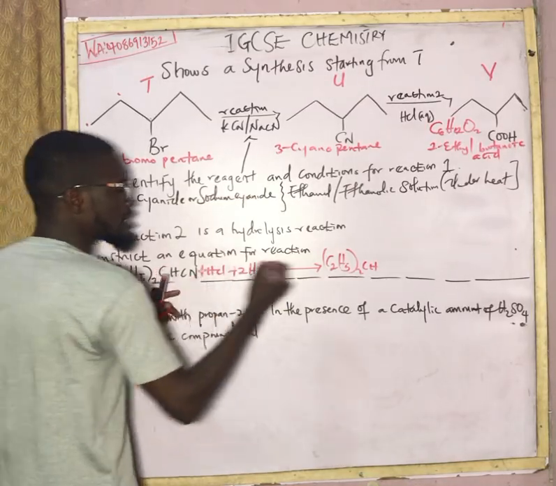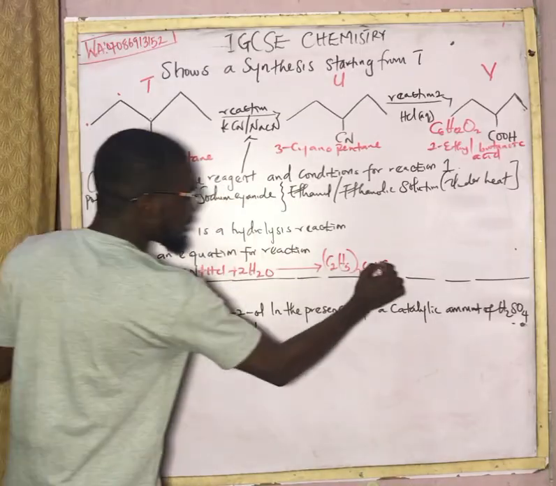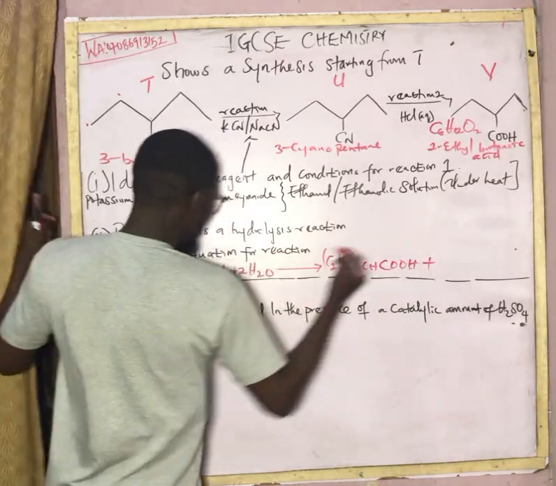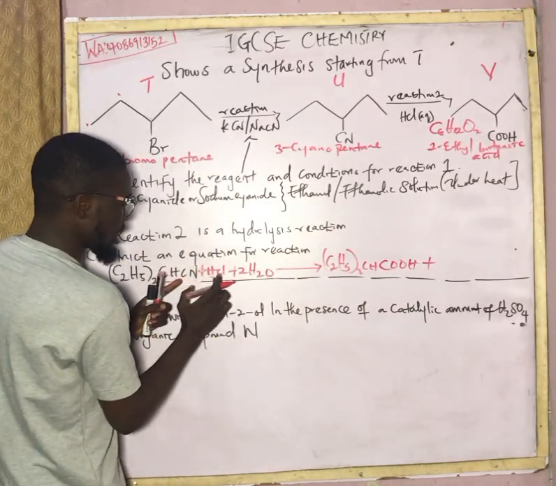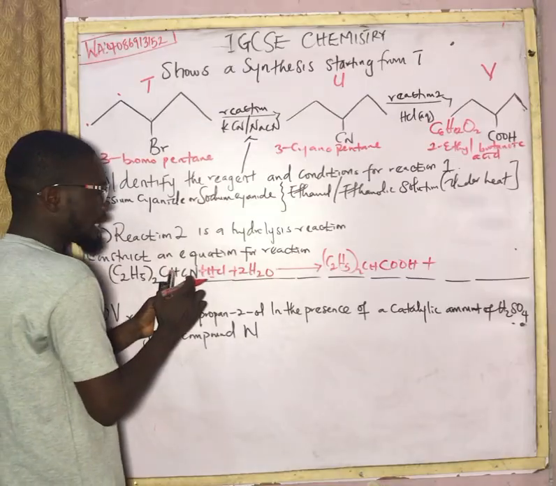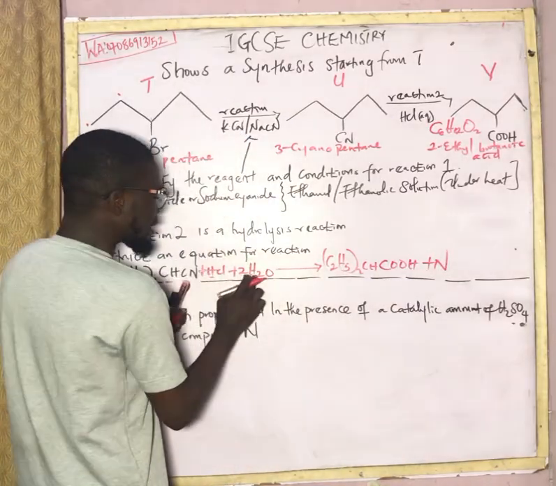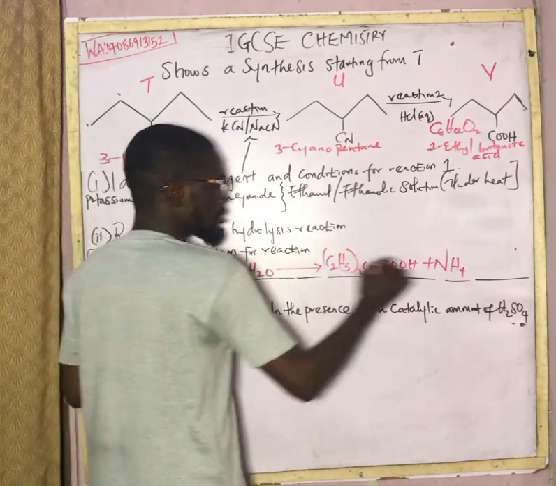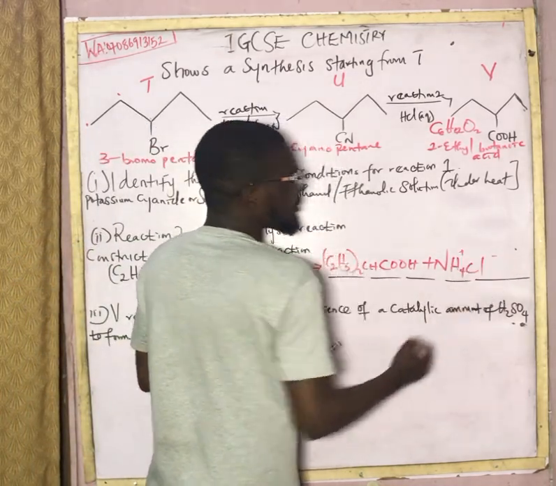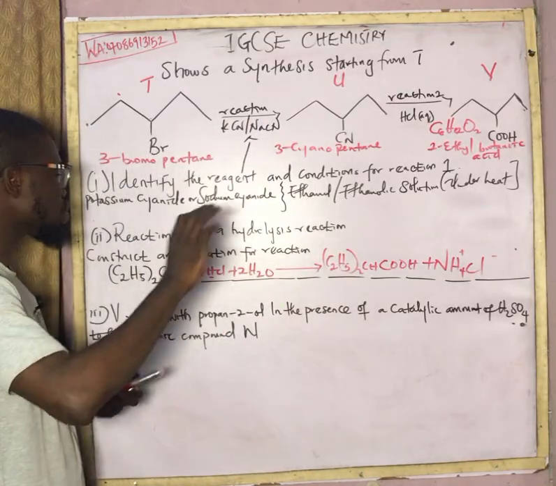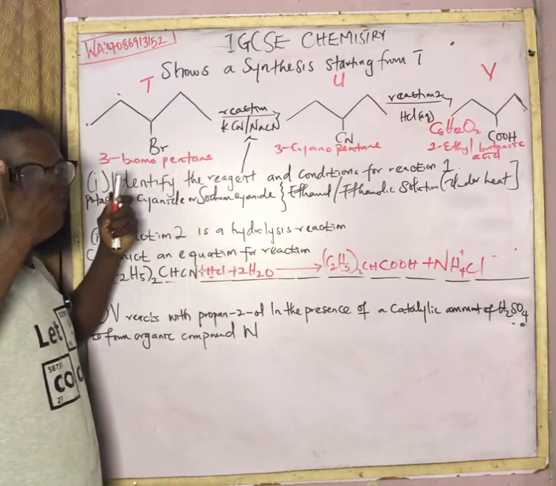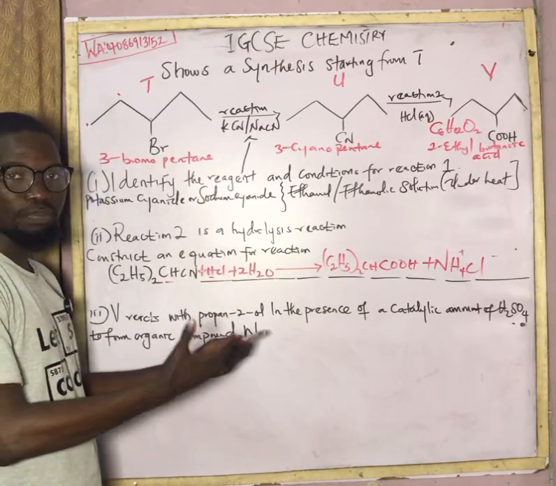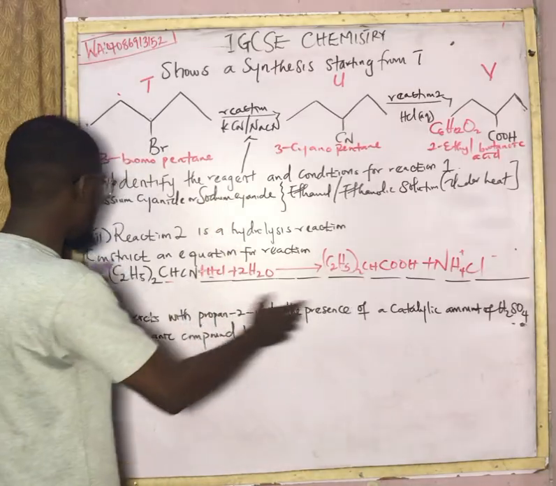Now, I'm going to pick this C here, the 2 oxygen, and this hydrogen from this HCl. I'm left with Cl, I'm left with N here, so 2 times 2 will give us 4. So are you seeing it now? That is what they ask you to do. There's no need to rack your brain balancing what you are not asked to do. Rather, these are the step-by-step means of how you can easily balance any equation given to you.